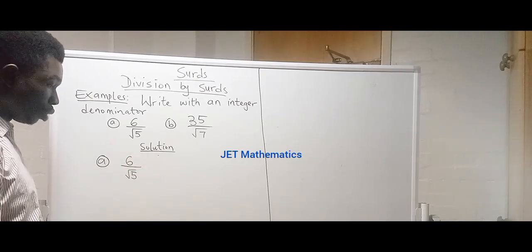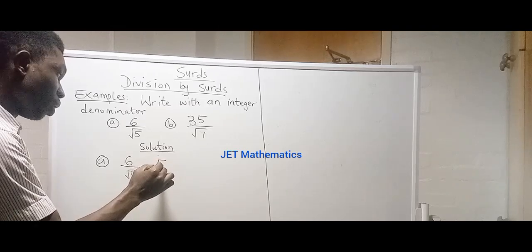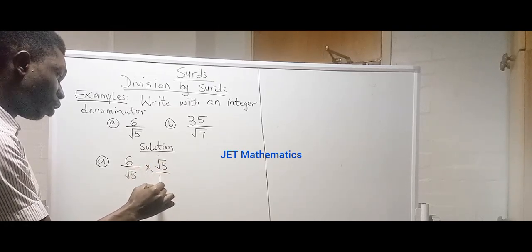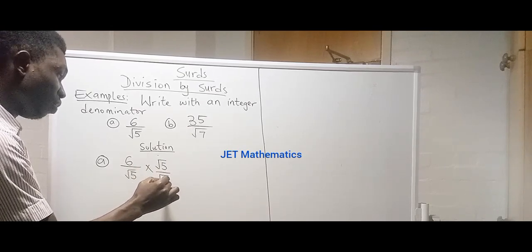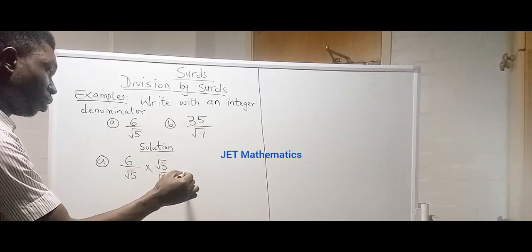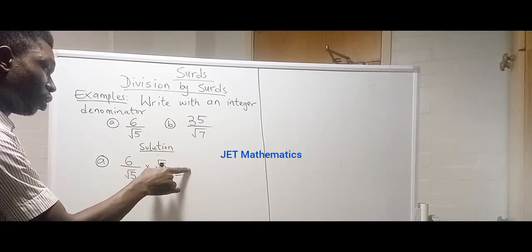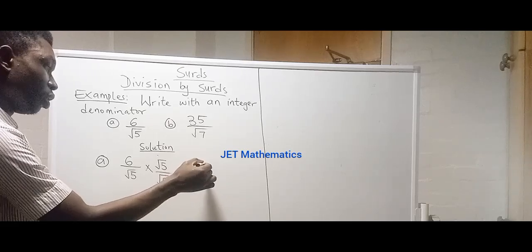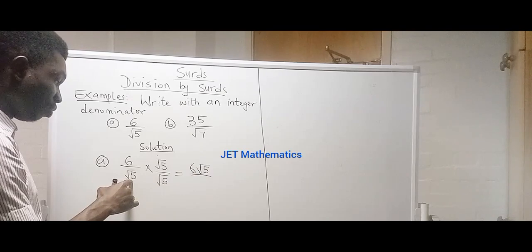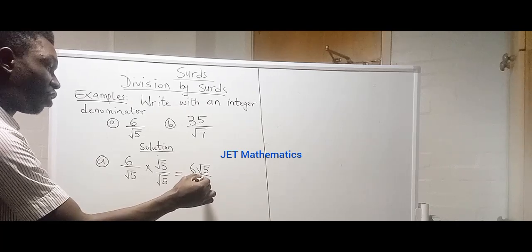So the idea is I multiply both the numerator and the denominator by root 5, so that 6 times root 5 gives me 6 root 5, and root 5 times root 5 gives me 5. Remember, we have established that.